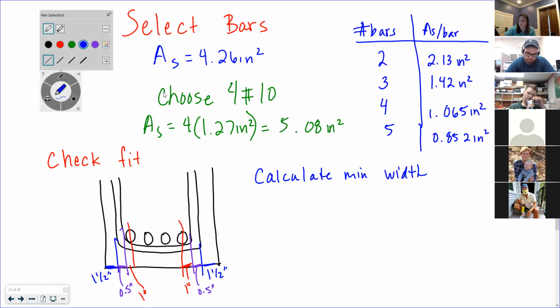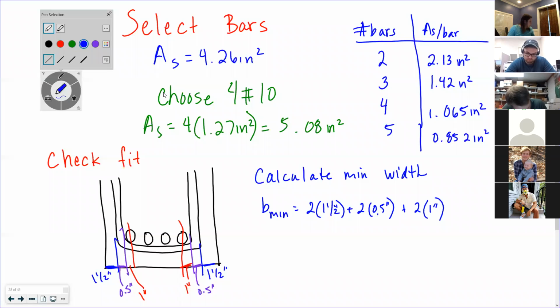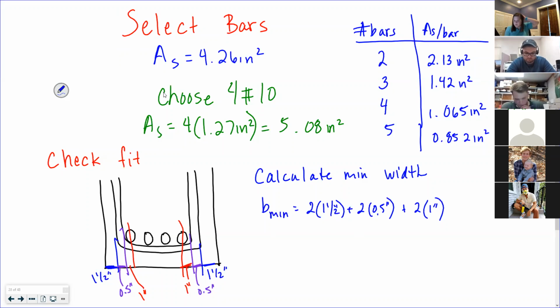We have a minimum width of 2 times my cover plus 2 times your stirrup diameter, plus 2 times the inside bend diameter. And then I have 3 spaces, and the spaces are going to be the maximum of an inch or the bar diameter, assuming the aggregate.